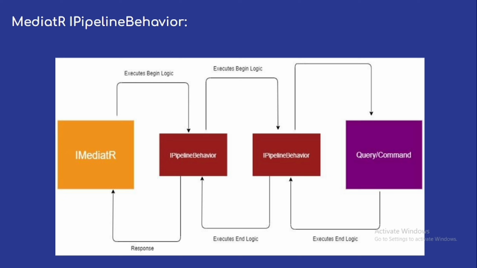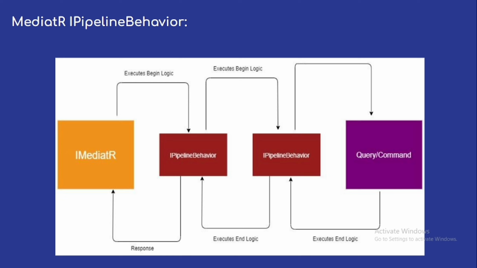Here you can understand, whenever a mediator query triggers, first it will execute the IPipelineBehavior if they exist. Since IPipelineBehavior contains two sections, first the code before the request gets executed. Like that, if you have n number of pipeline behaviors configured, all the starting code of the pipeline behaviors will execute.